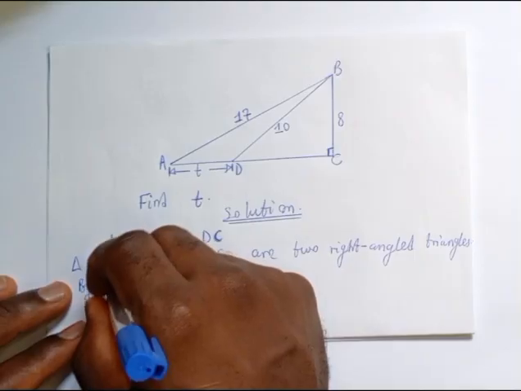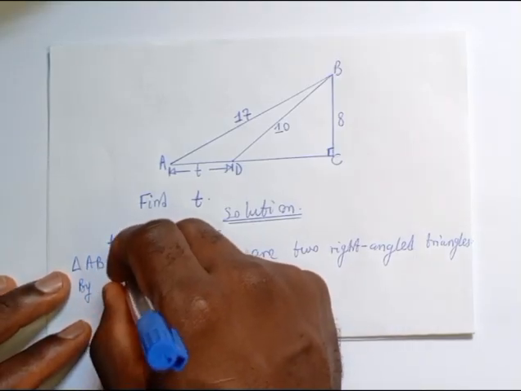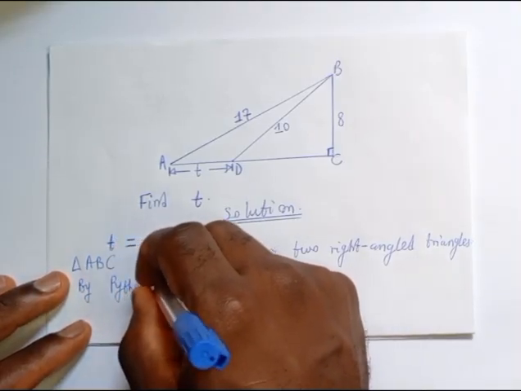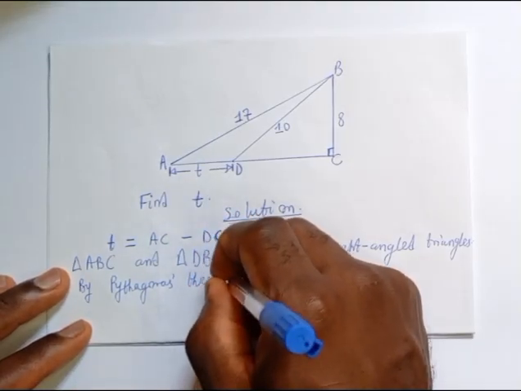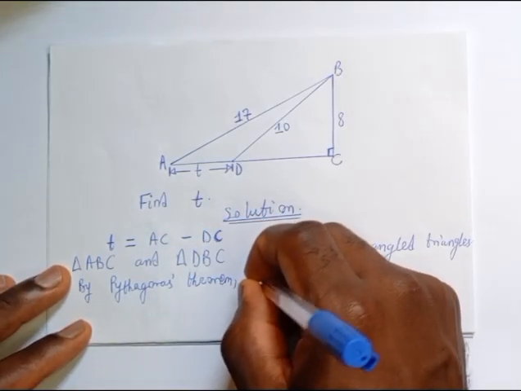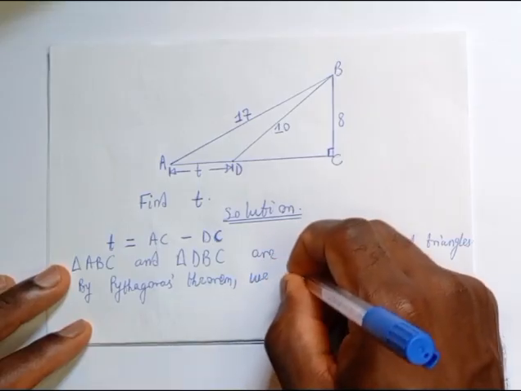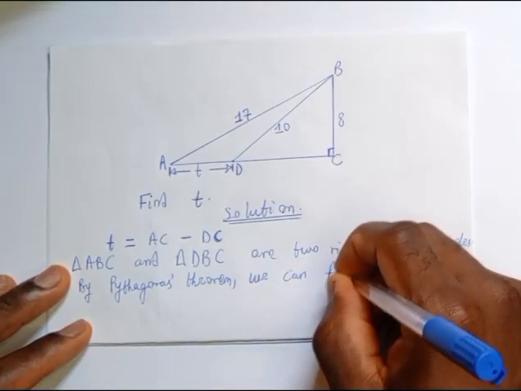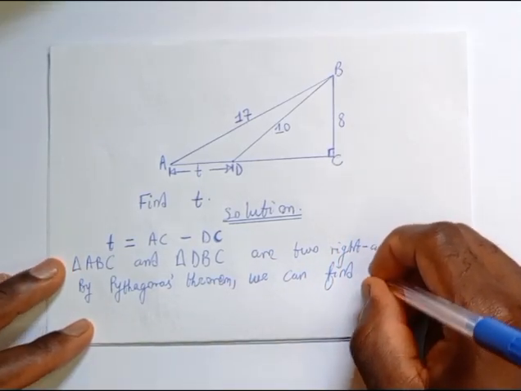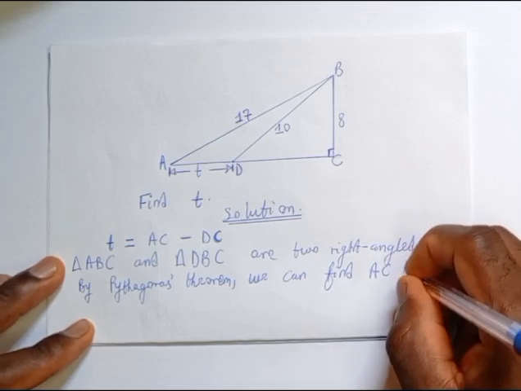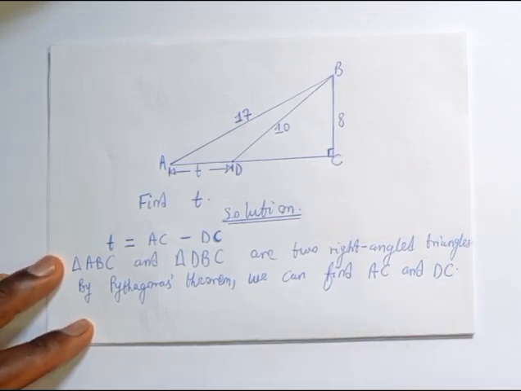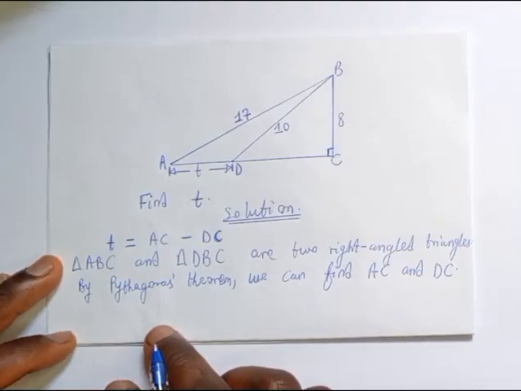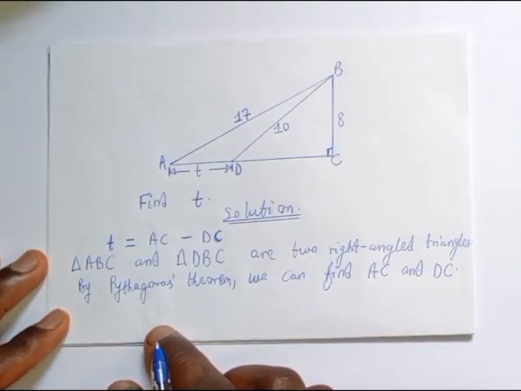By Pythagoras Theorem, we can find AC and DC. Now let's make use of Pythagoras Theorem to find AC and DC.